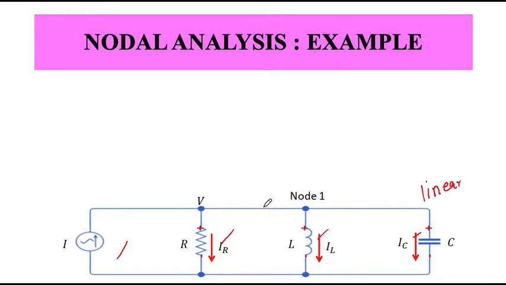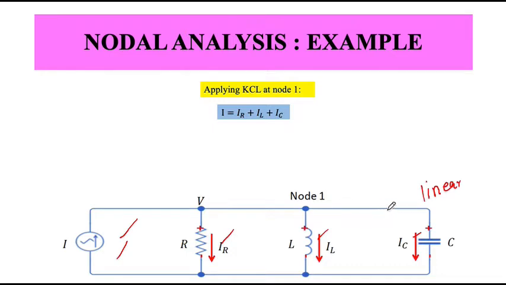Okay, and if I apply KCL at node 1, when the circuit is single node, the input current, which is I, is equal to IR plus IL plus IC. So the incoming current at this node is only I, and all three are outgoing currents.